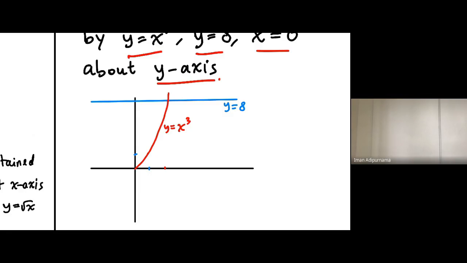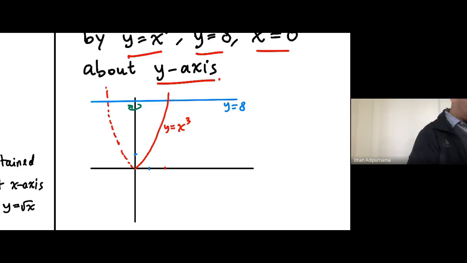That's our rotation. So you will have the mirror image like this, and the disk will be like this, right?